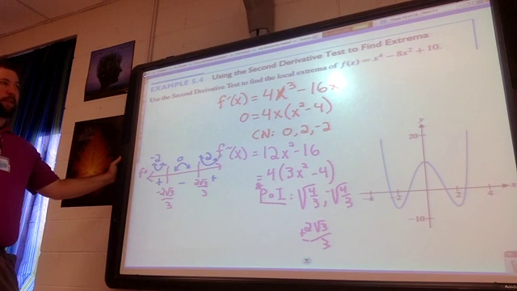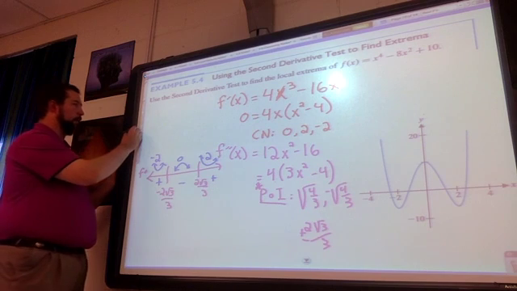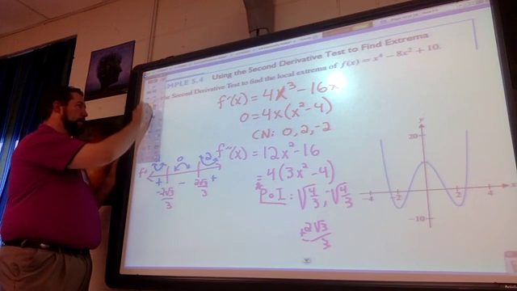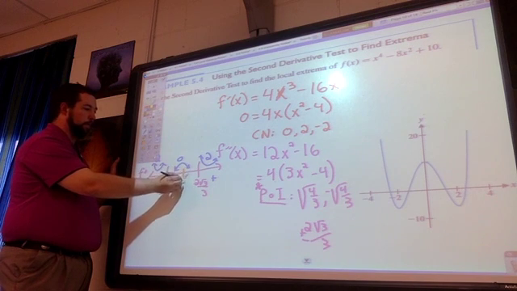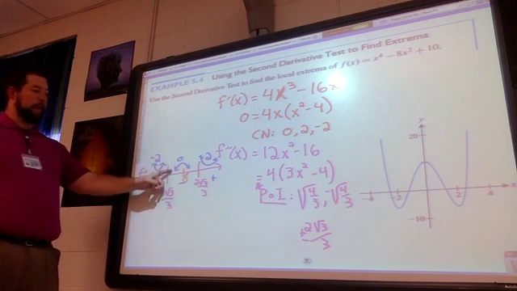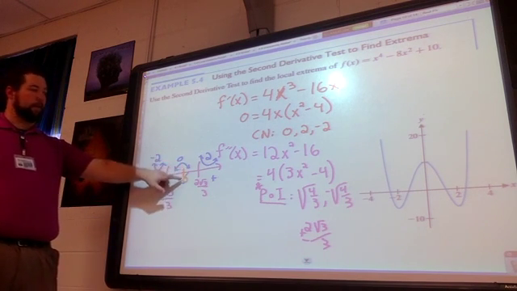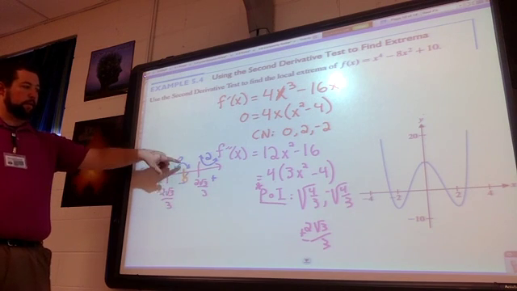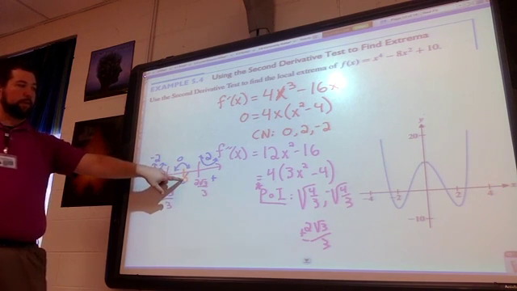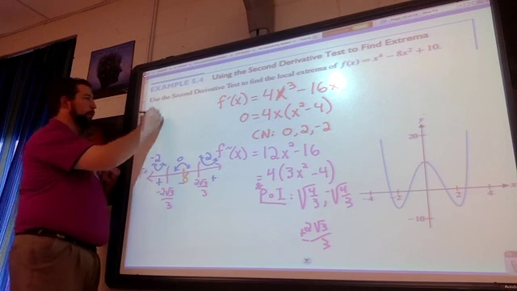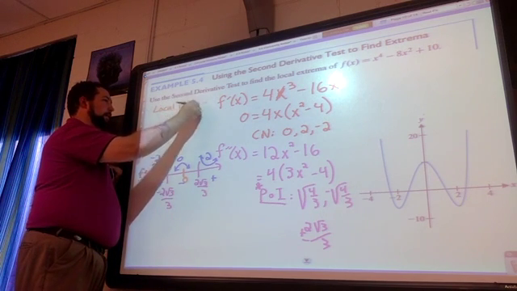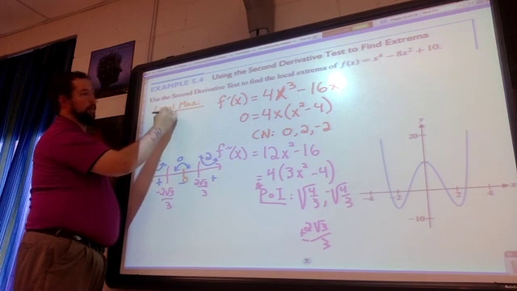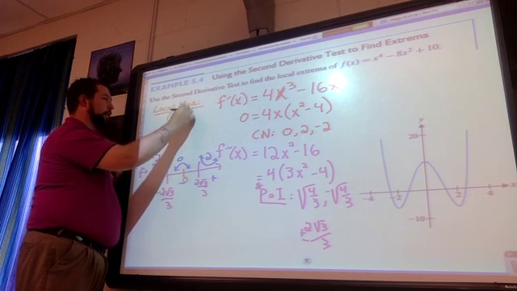So what does that tell us about our extrema? Well, where are 0 and 2 and negative 2? 0 is right here in the middle. We have concave down and a critical number from the first derivative, which tells me I'm going to have a local max at 0, which ends up being (0, 10) if you plug it in.